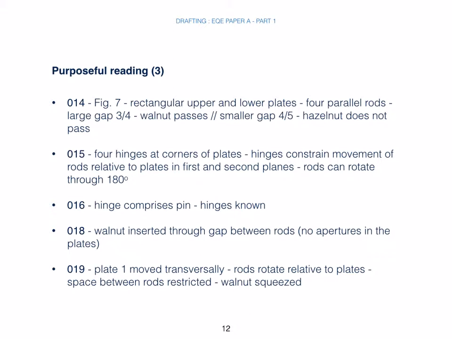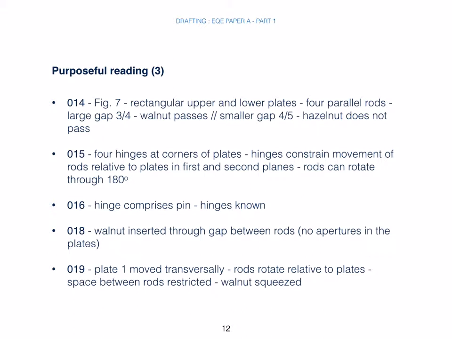The hinge 23 allows the rod to rotate by up to 180 degrees about the pin 10 in the first plane, and it says such hinges are known. So against paragraph 16, I said hinge comprises pin, hinges known.